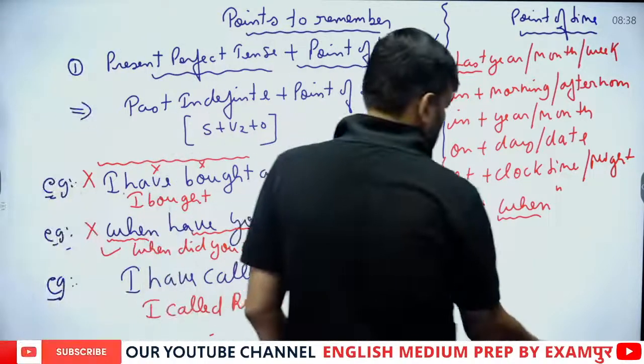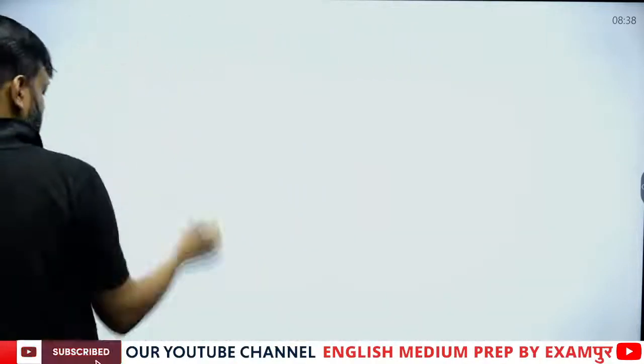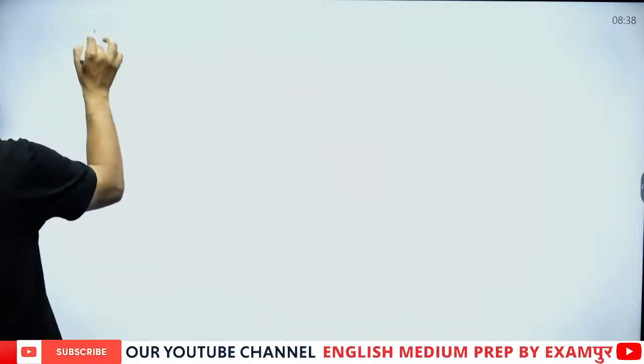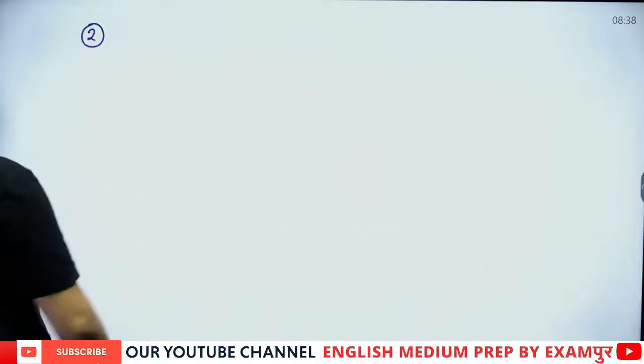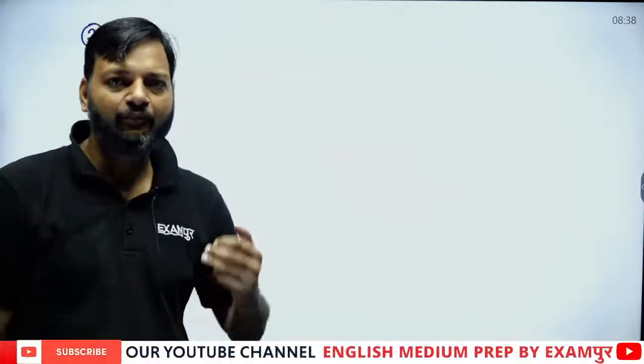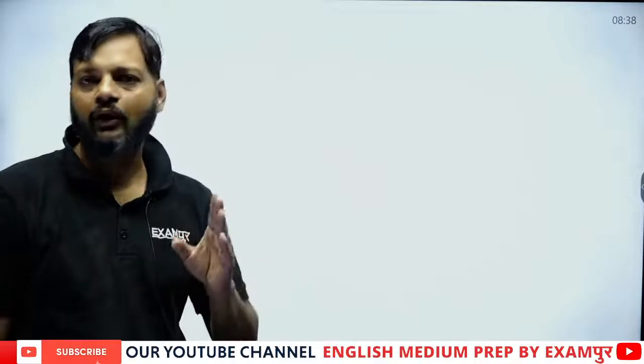Now the second point. So the first point was that if there is point of time with a present perfect tense, it needs to be changed into past indefinite. Now the second point.